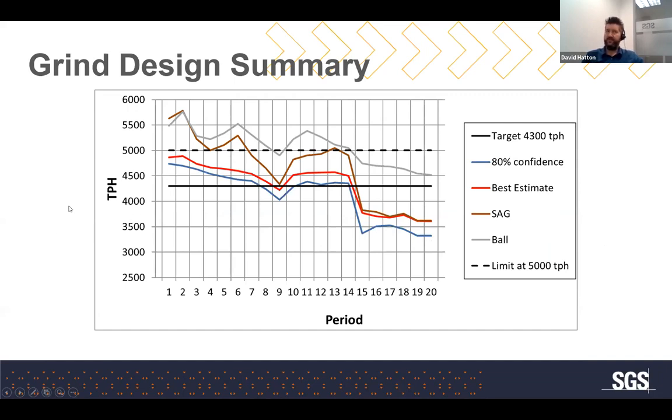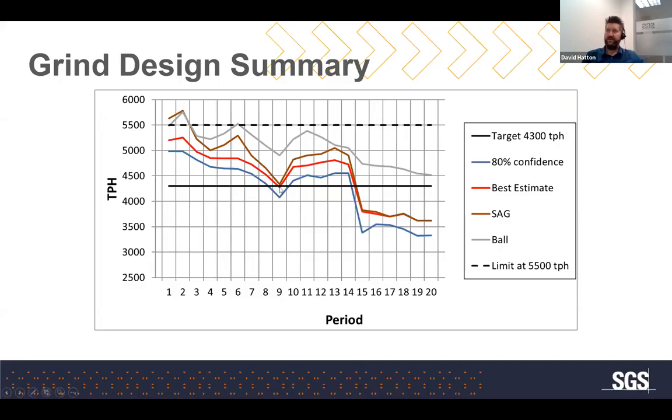So if we were to try and improve our overall performance, we might want to increase our limiting throughput. Our 5,000 tons per hour has been increased to 5,500 tons per hour. And that gives us a little bit more throughput in most of these years, where some of the samples or some of the blocks were going to be bottlenecked by that process limit.